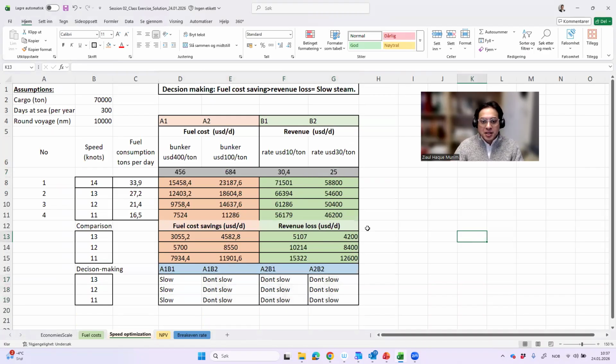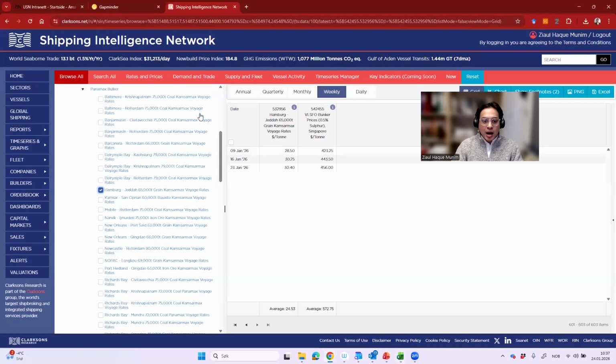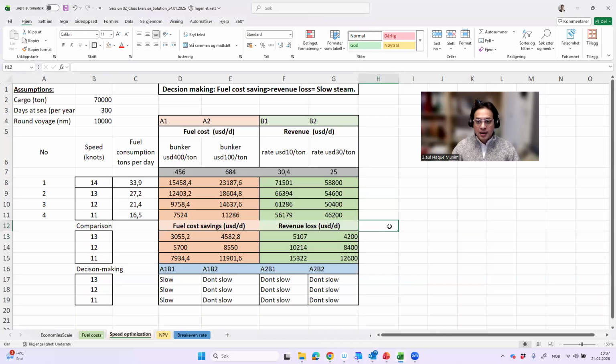So this is how you can use this template with real information if you're working in a shipping company, for particular routes that your company is working with. You can update it every month or every week, depending on the freight rates and the bunker prices, and get an estimation. This can also help you when you're making agreements for trips.